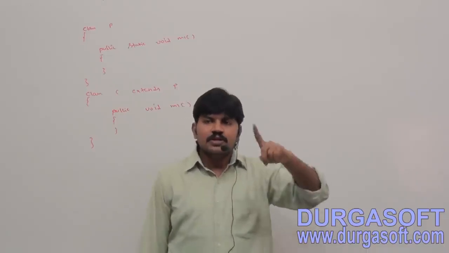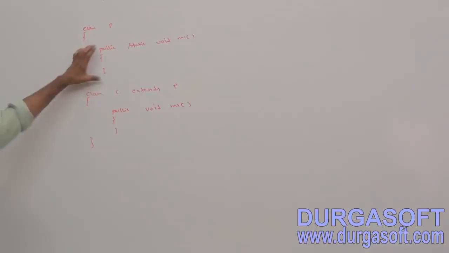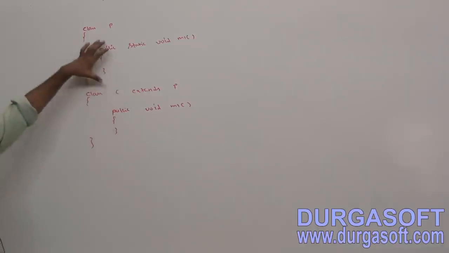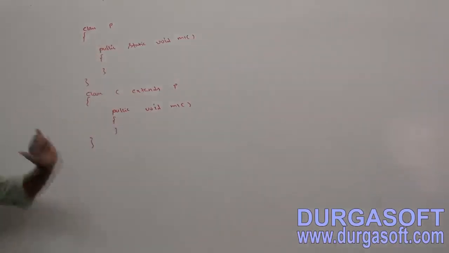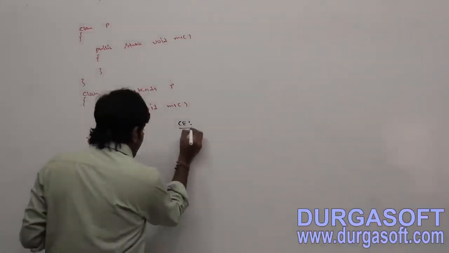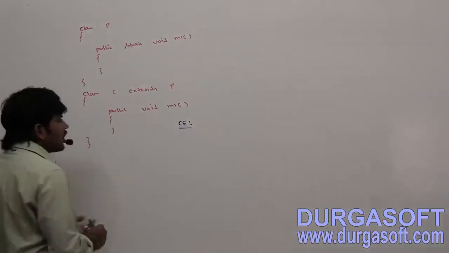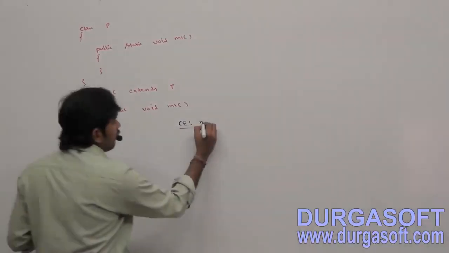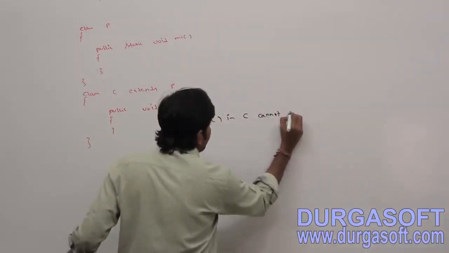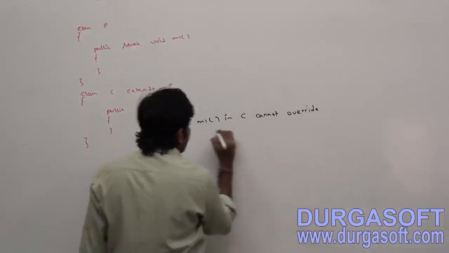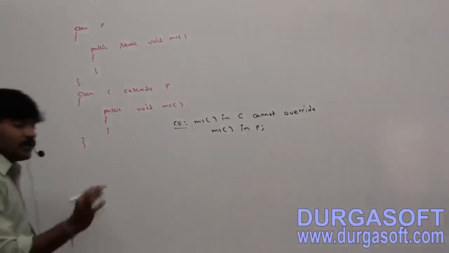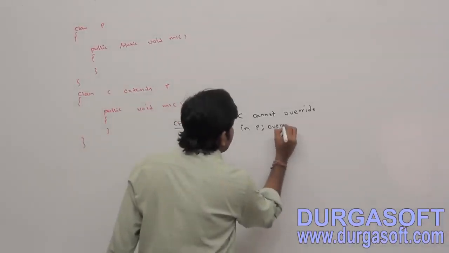Is it possible to override a static method, a class level method, with an instance method? No. We can't override a static method as an instance method. By mistake, if you try to override with an instance method, immediately you get a compile time error. The error is: m1 in C cannot override m1 in P. What is the reason?